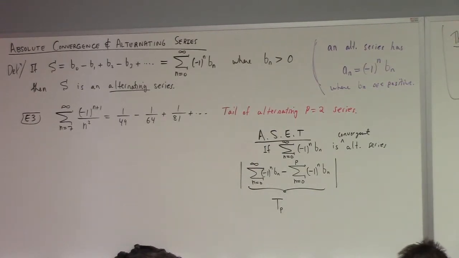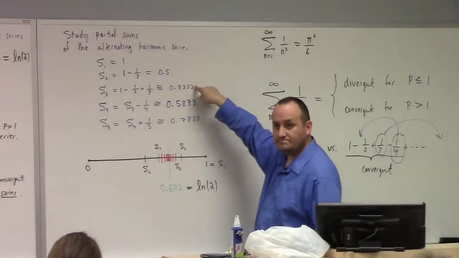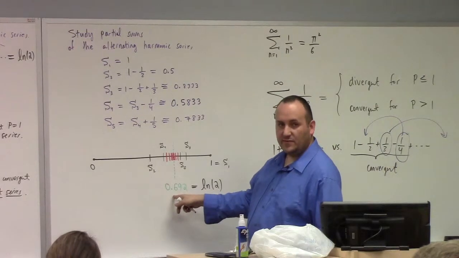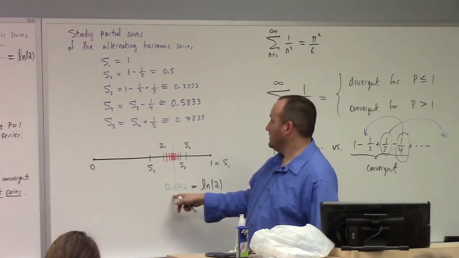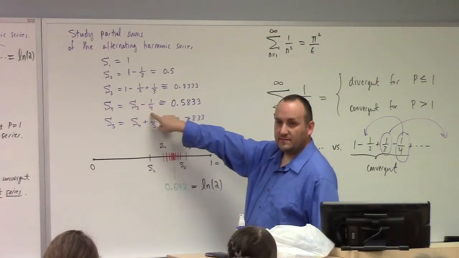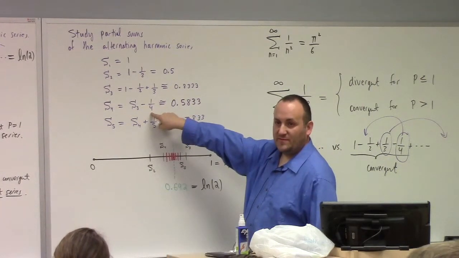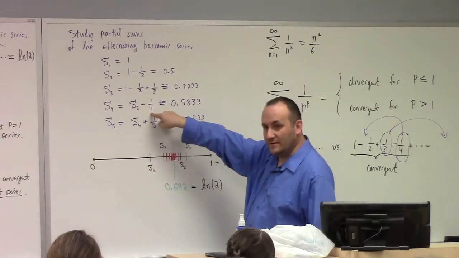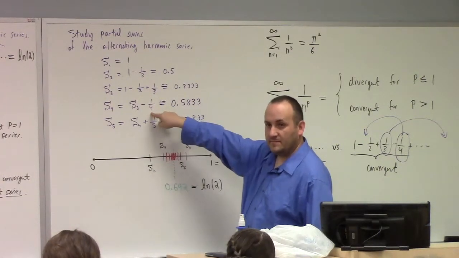S3 was what? 0.833, right? The actual place it converges to is 0.692. What comes next? 1/4, right? So the theorem is simply this. If you look at the pth partial sum, you're within b sub p plus 1 of the answer.